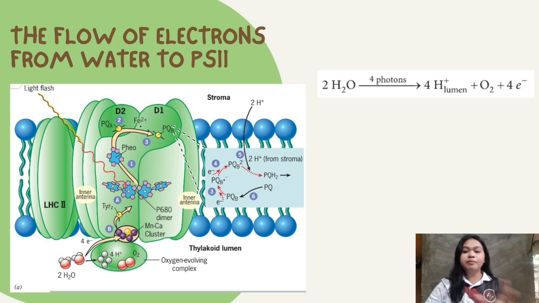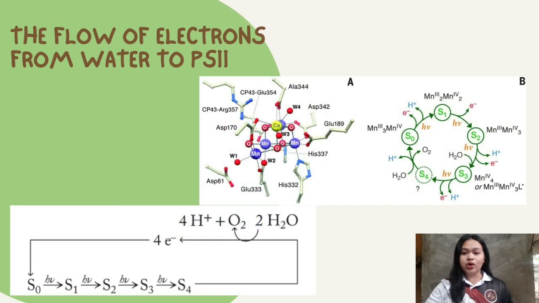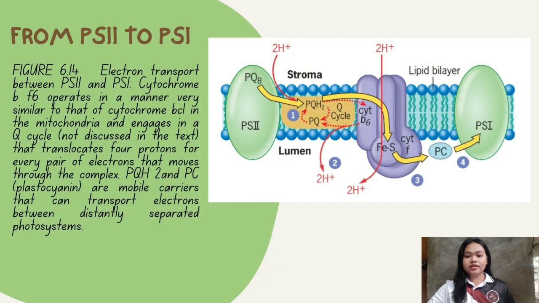And then, from there, mapapasa ulit yung electrons sa different parts of the photosystem 2 para ma-produce si plastoquinol.